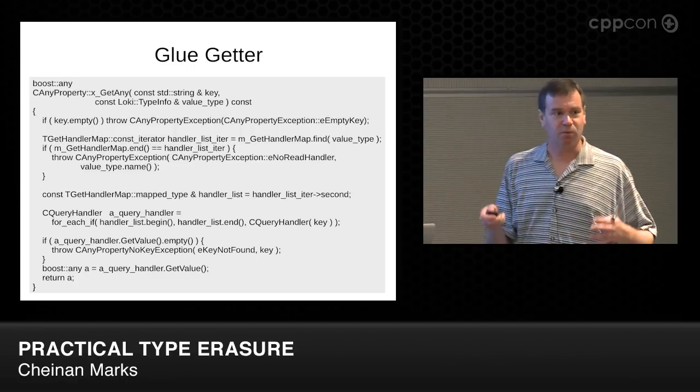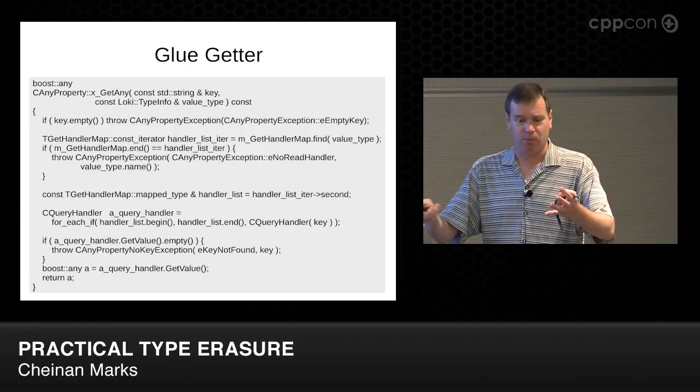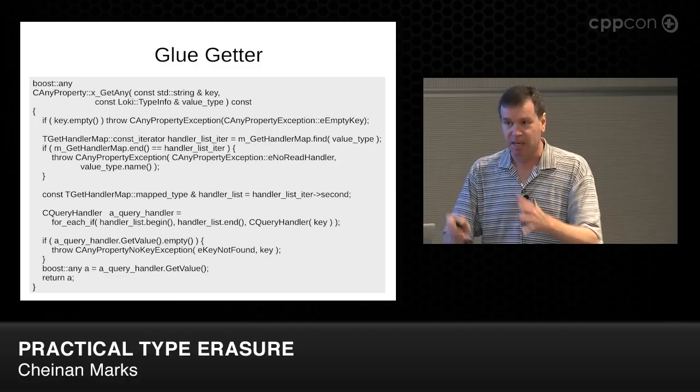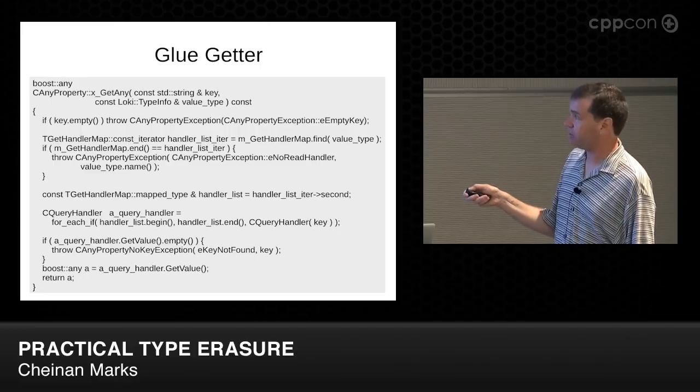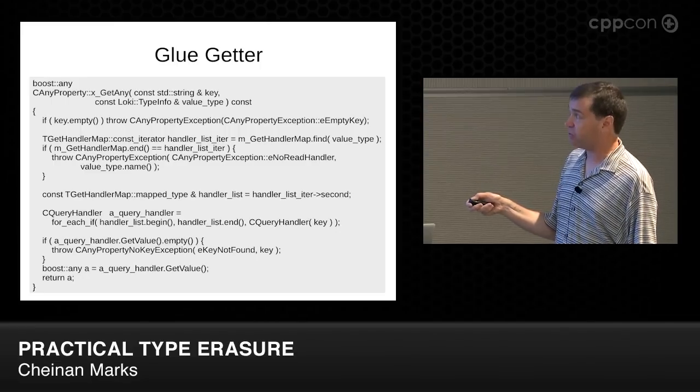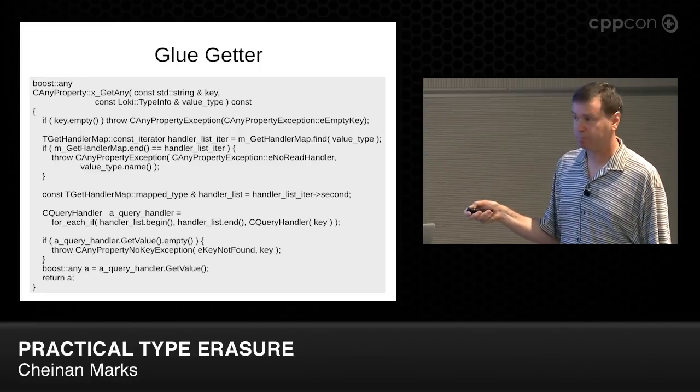But for now, when we have a type, we got a request, we want to get this type, and this map is going to contain a vector of handlers that can handle that particular type. If we cannot find a handler to handle that particular type, we throw an exception.